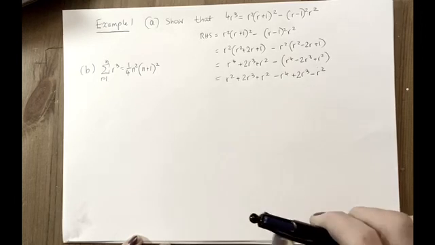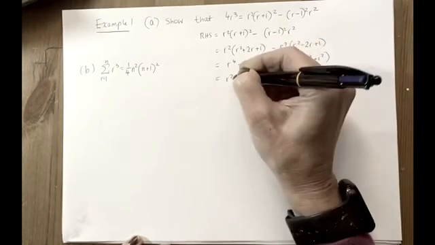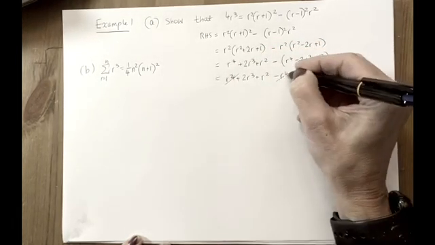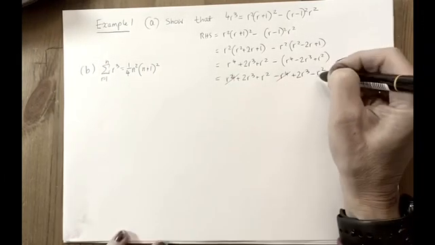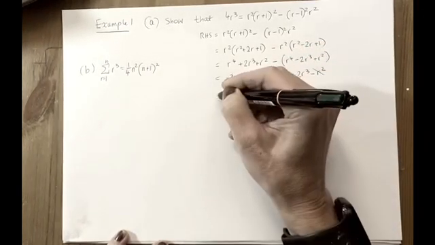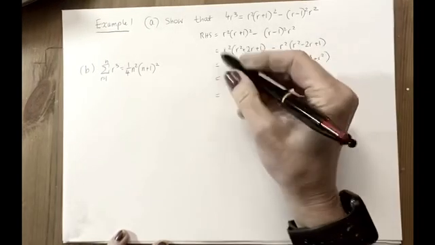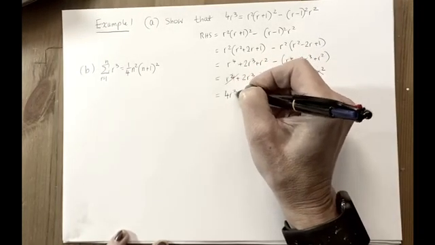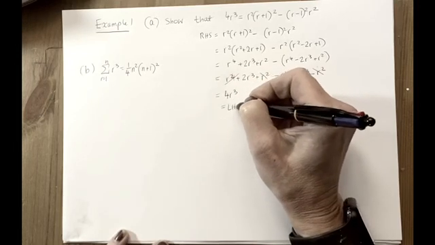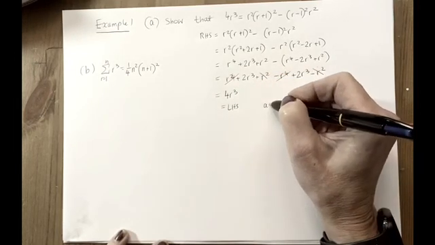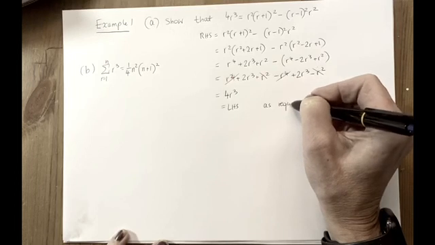And hopefully, the r to the power 4 terms will nicely cancel, the r squared terms cancel, and you're left with 4r cubed, which is the left hand side, as required.